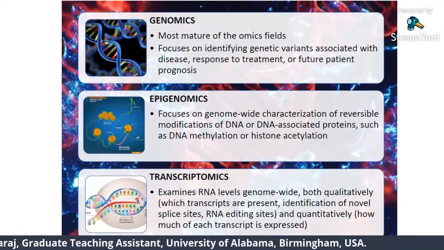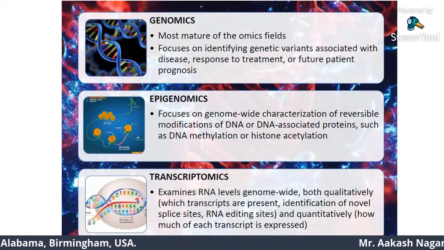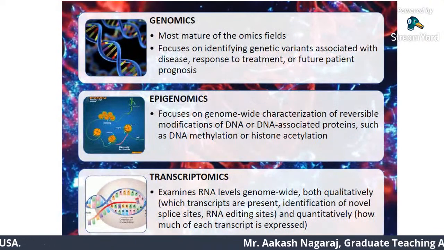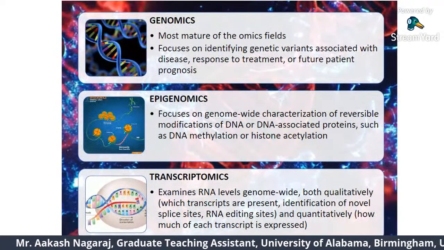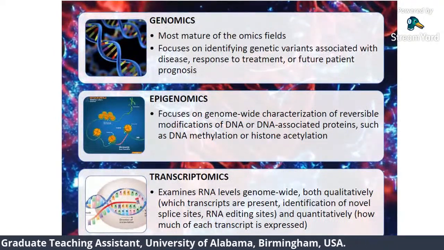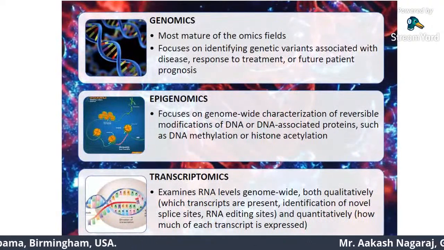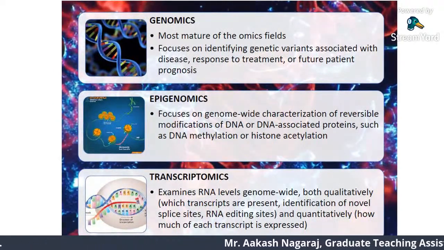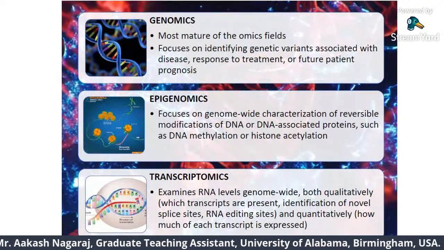Next is epigenomics. This focuses on the genome-wide characterization of the reversible modifications in DNA which take place. DNA methylation: methylation is the addition of methyl groups to the DNA, or histone deacetylation, histone acetylation.